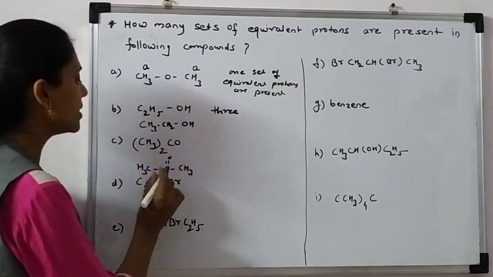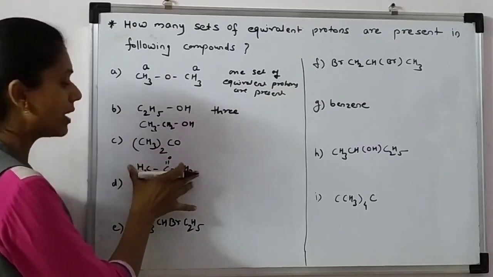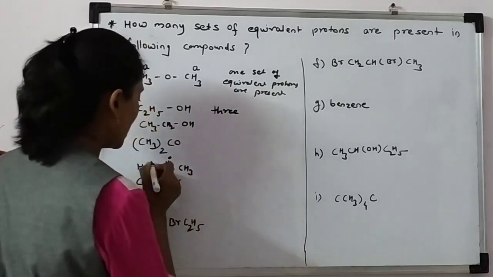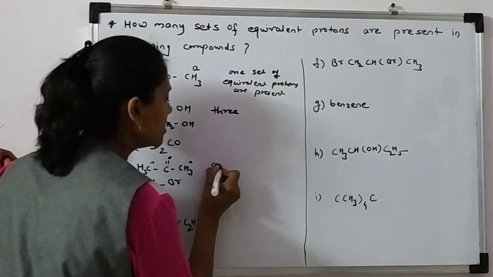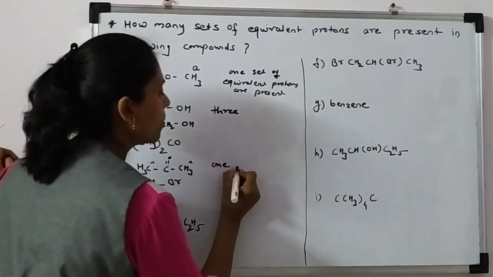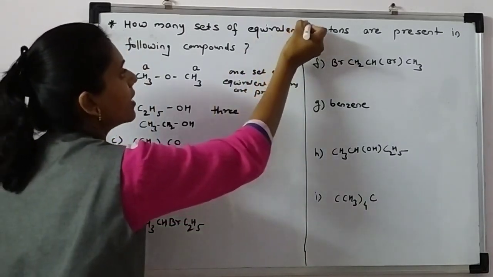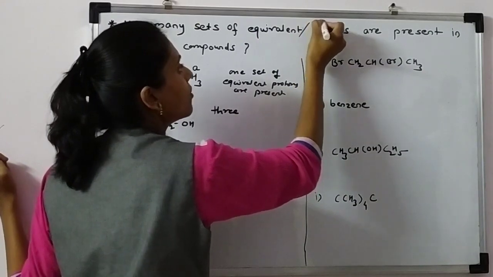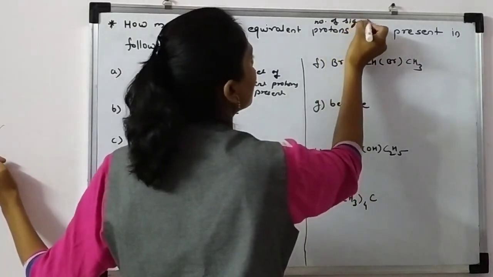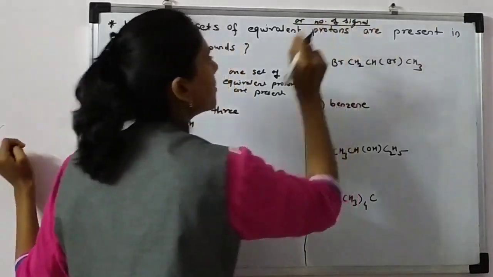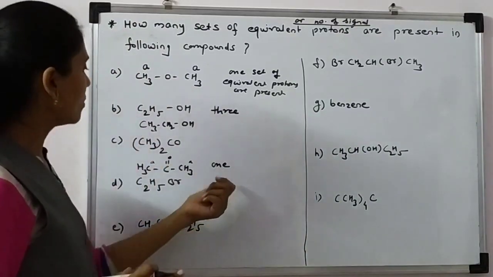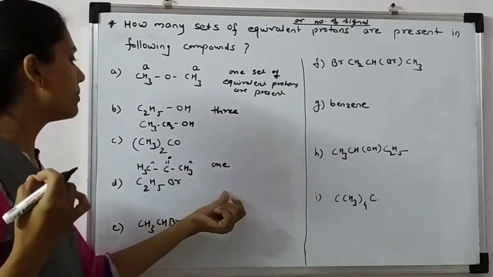When we draw the symmetry, we get the same electronic environment for these protons. So again there is A and A, that means only one set of equivalent protons is present, or we can say one signal. I have written another way, the number of signals, so we can calculate the signals or the sets of equivalent protons.